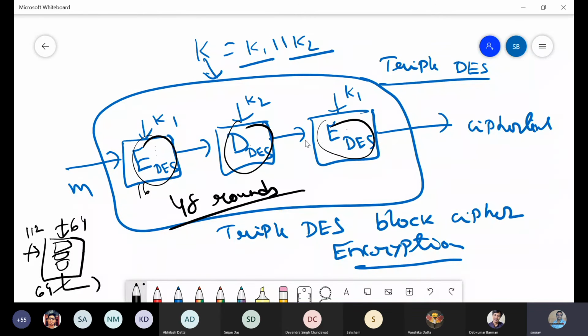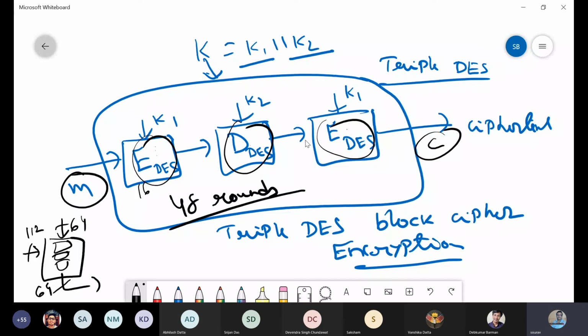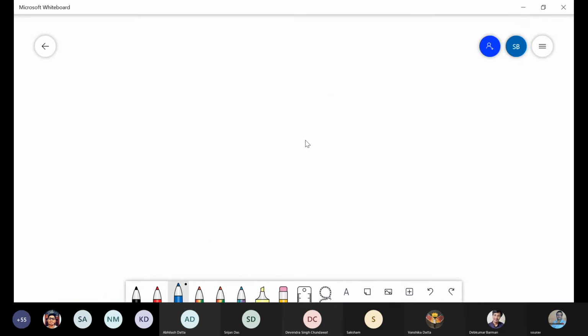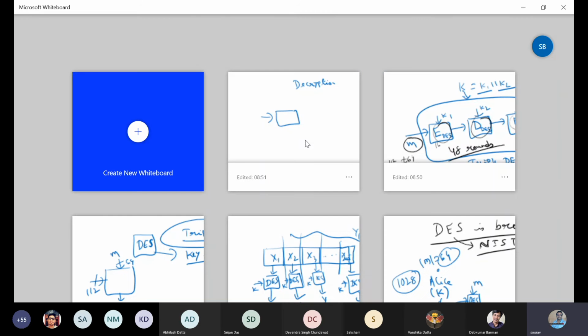Okay, so this is the encryption. Now what about the decryption? This is what Alice will do. Now what will Bob do? From the ciphertext C, Bob has to get back the message. So Bob has to reverse this process. Just look at the picture over here.